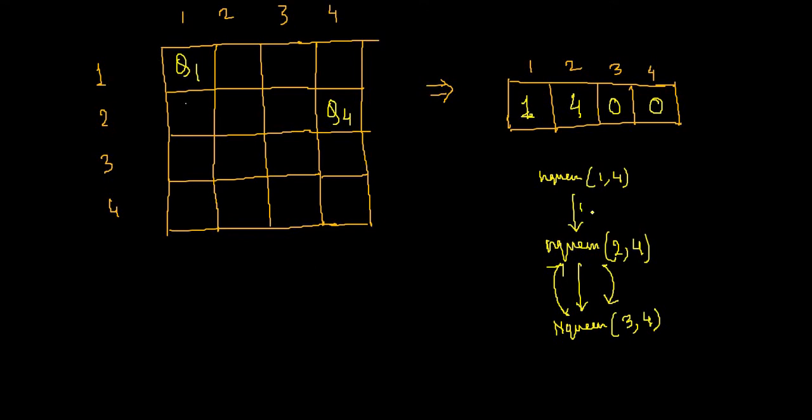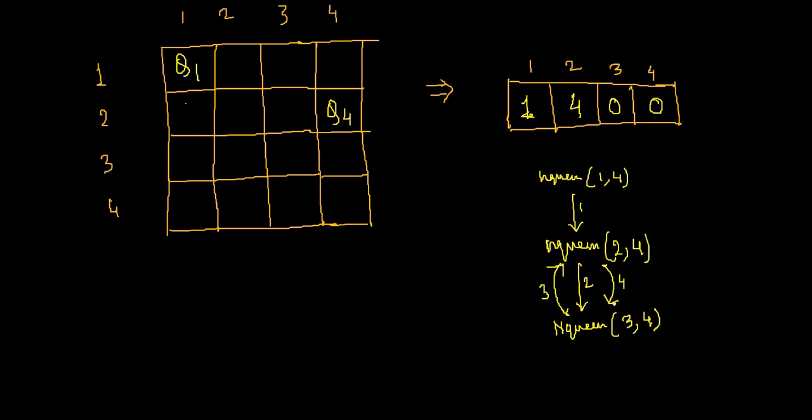If you number this, this is number 1, then number 2, then number 3, and then number 4. So now queen 3, 4 is called again. Now queen 3, 4 will try to find the position to place queen 3 from the beginning again, because it was not part of returning, it is actually calling.